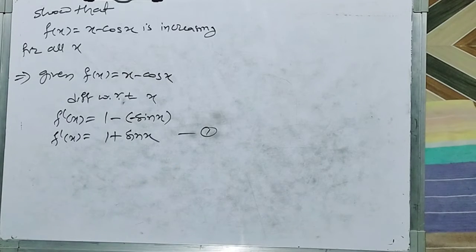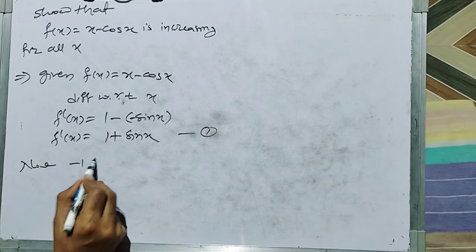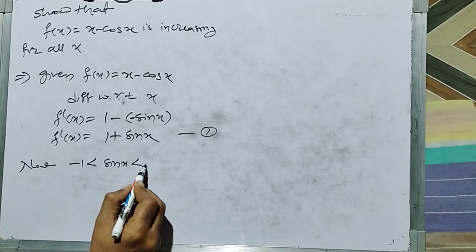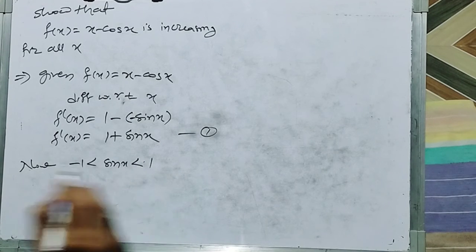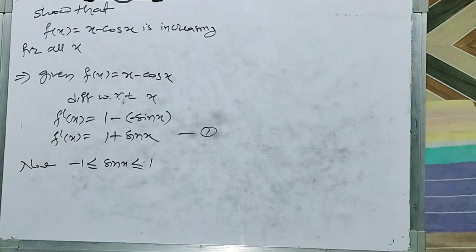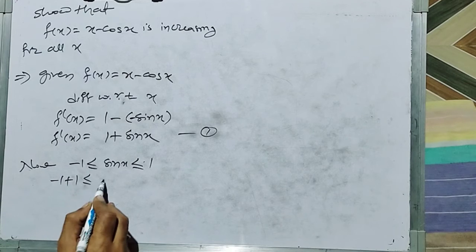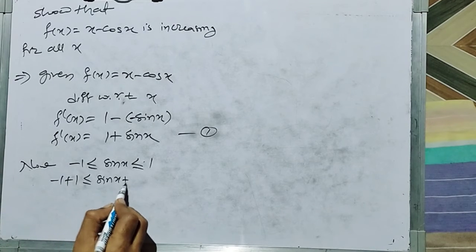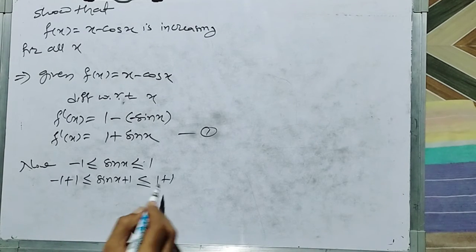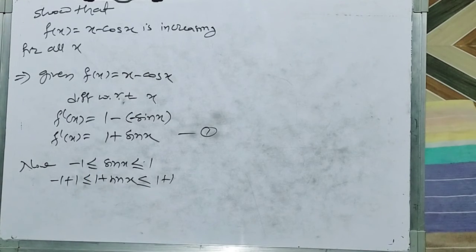Now consider the value of sin of x lies between minus 1 and plus 1. So here minus 1 is less than or equal to sin of x is less than or equal to 1. Adding 1, so here minus 1 plus 1 is less than or equal to sin of x plus 1 is less than or equal to 1 plus 1. So we write this as 1 plus sin of x.